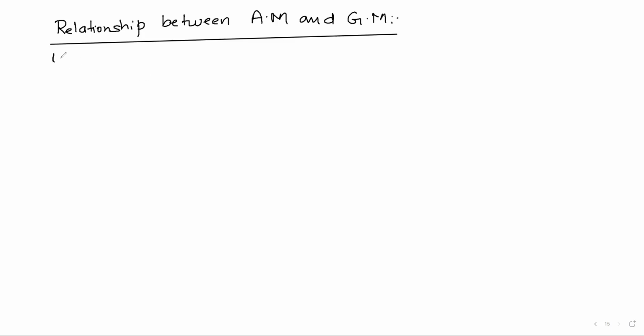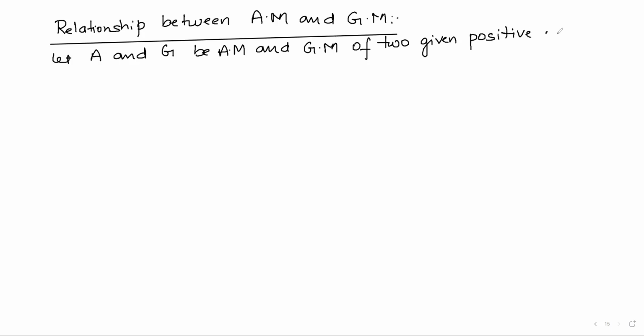Let A and G be the arithmetic mean and geometric mean of two given positive real numbers a and b.